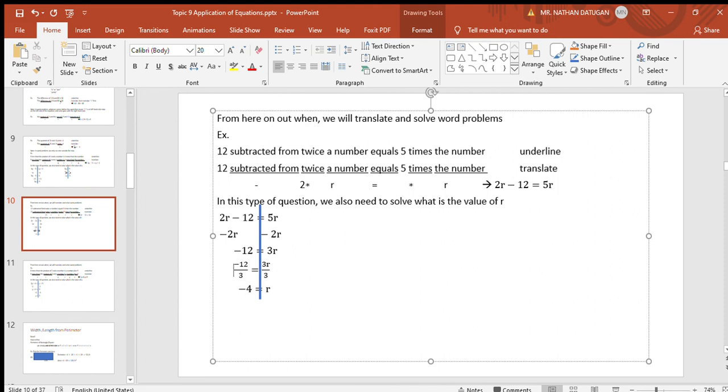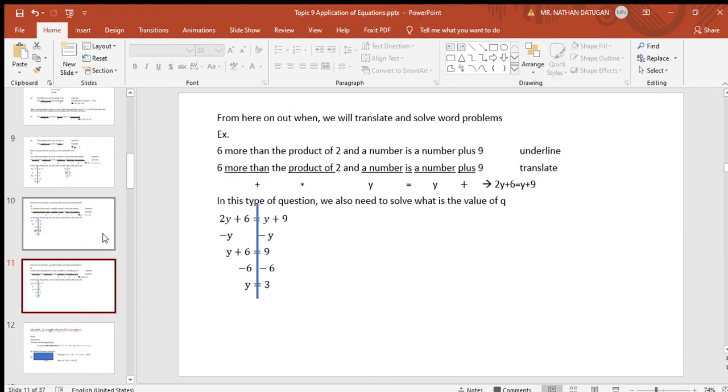We have only negative 12, right? Negative 12 is just one negative. One negative is odd or even? Odd. That means our answer is going to be negative. That's topic 7. Oh no, topic 6. My bad. Negative 12 divided by 3 is negative 4. 3r over 3 is r.